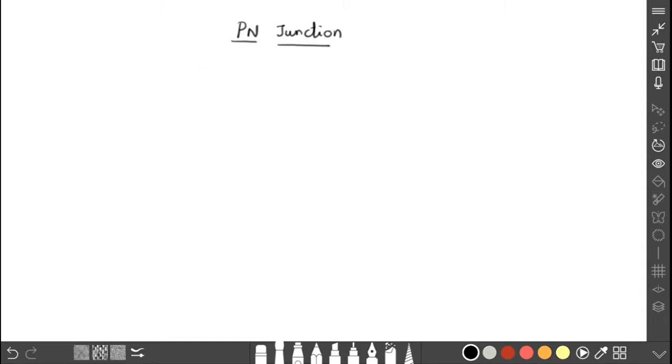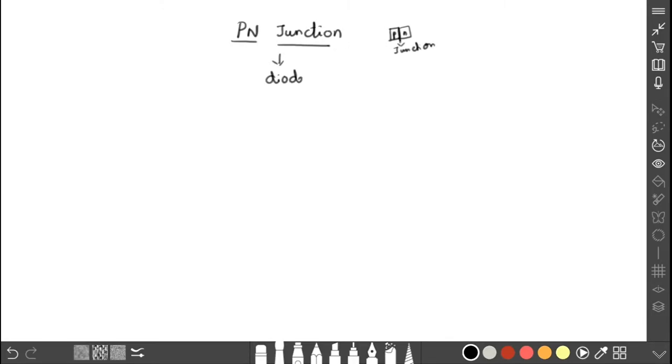Before getting to the topic, I would like to describe the applications of the PN junction so that you will get interested in the subject. When a P-type semiconductor and an N-type semiconductor are combined together, it produces a junction in the middle. This PN junction is named a diode.